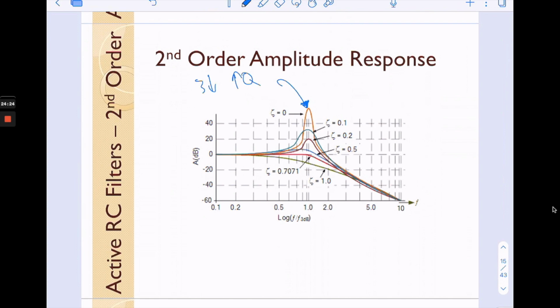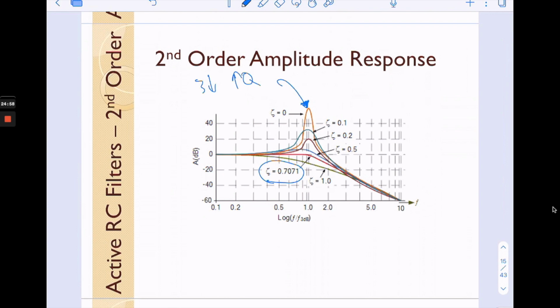In this case, you can see that zeta equals 0.7071. You can get a very smooth plot here. That is the same as our cutoff frequency at -3 decibel. Then if you have a value of zeta that is higher than 1, the system will have a response that we call overdamped.